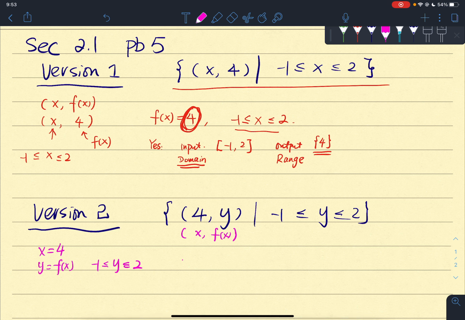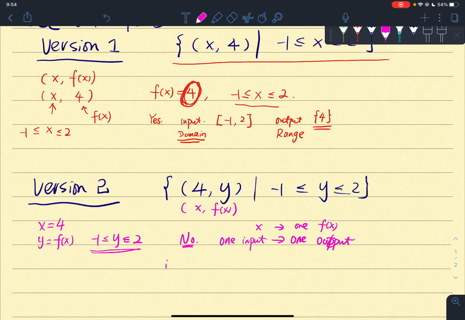They are not getting this one connection. For every input, you should only be getting one output, which is not happening. So for every x, you get one value as f of x, not the whole family of values.